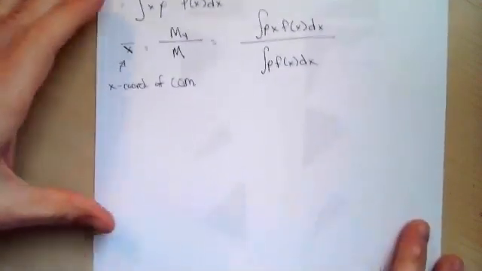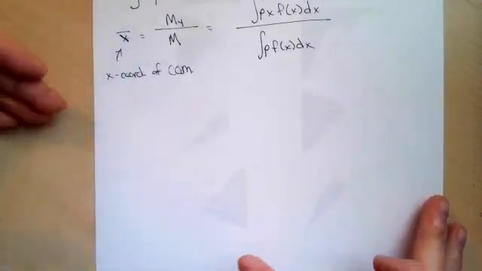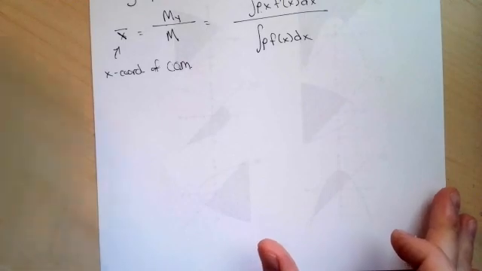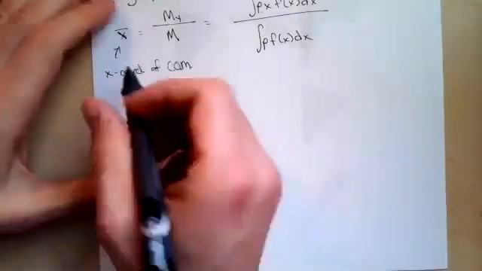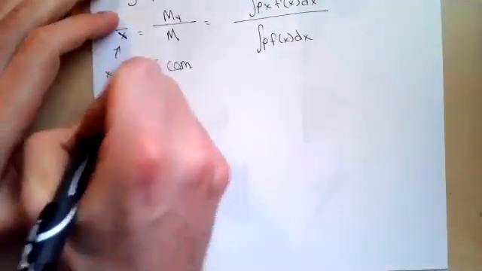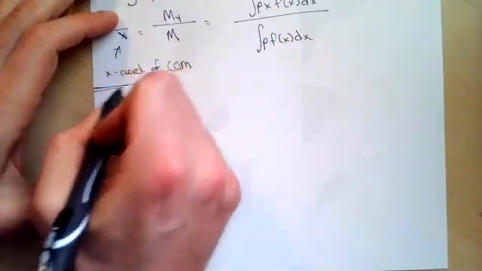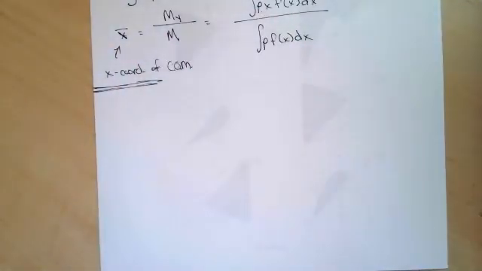The moment about the x-axis, finding the y-coordinate of the center of mass, is a little different. You can do essentially the same thing in Calc 3. You will learn new techniques to have the same principle in terms of finding it.